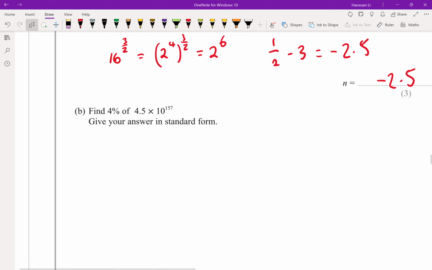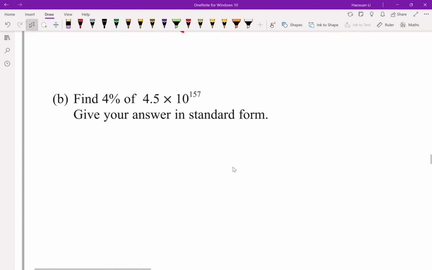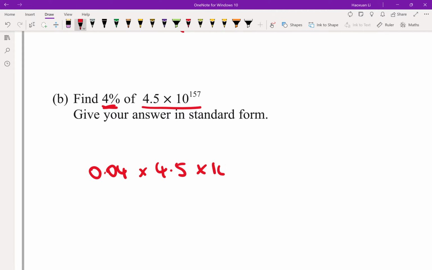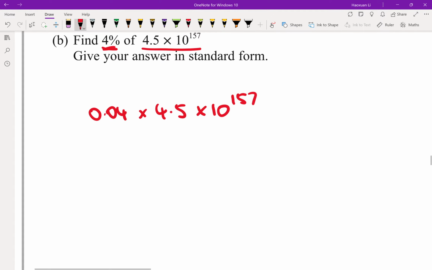Find 4% of 4.5 times 10 to the power of 157. Give your answer in standard form. So 4% will be 0.04 times this value, 4.5 times 10 to the power of 157.